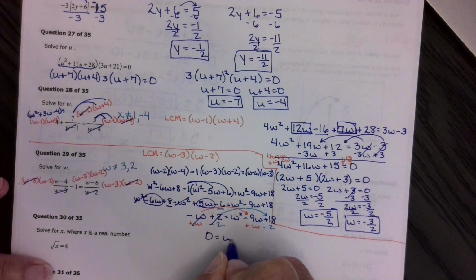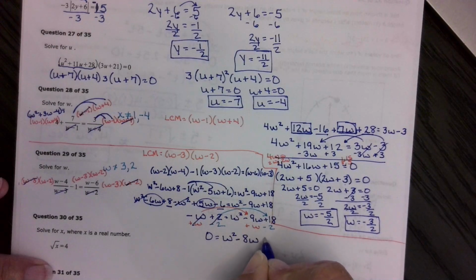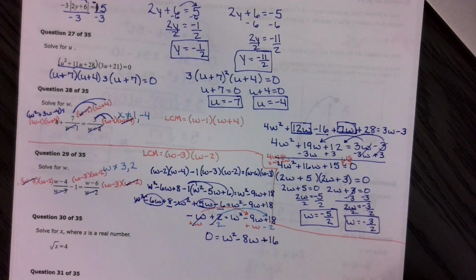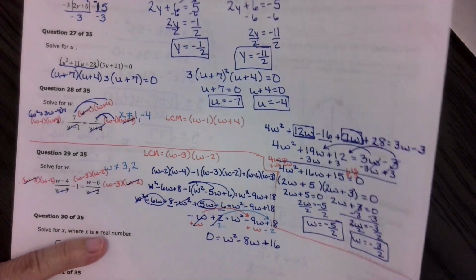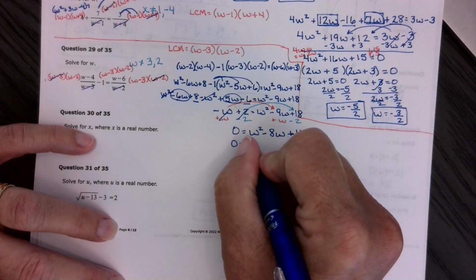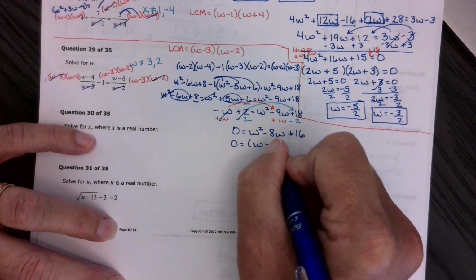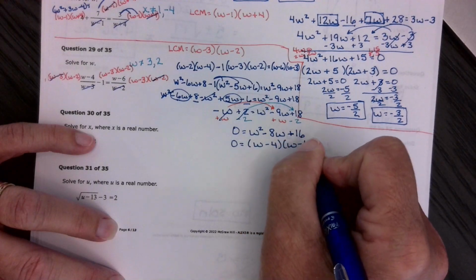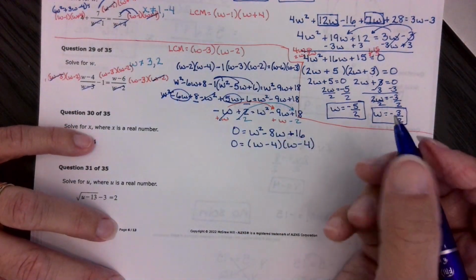Over here I get w squared minus 8w plus 16. Okay, I know that this factors. W minus 4 times w minus 4, or the quantity of w minus 4 squared.